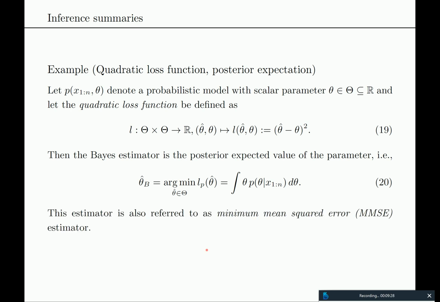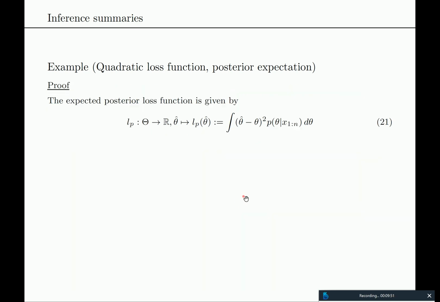And this estimator is also known as the minimum mean squared error estimator, because you might remember that mean squared error is exactly the expectation of the squared deviation here. And because this is minimized here, it's called minimum mean squared error. So why is that so? That's just a little proof.